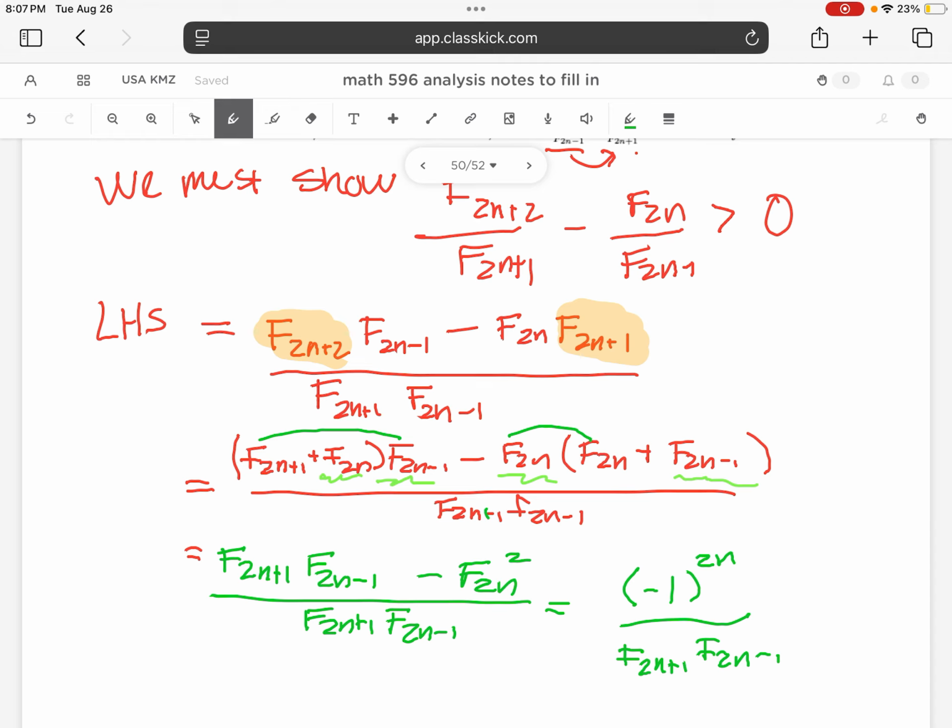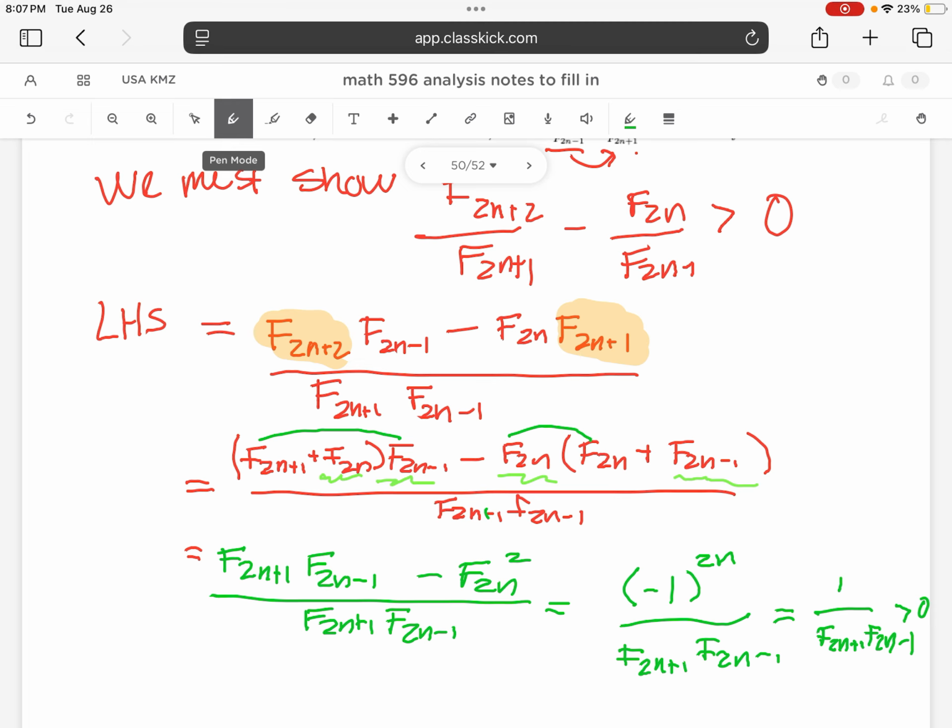And why is that going to be positive? Well, -1 to an even power is just going to be equal to 1 on top, and f2n plus 1 times f2n minus 1 are just two positive numbers being multiplied together. So certainly the denominator is positive as well, which means this entire thing is going to be greater than 0, which is what we wanted to show in the first place.